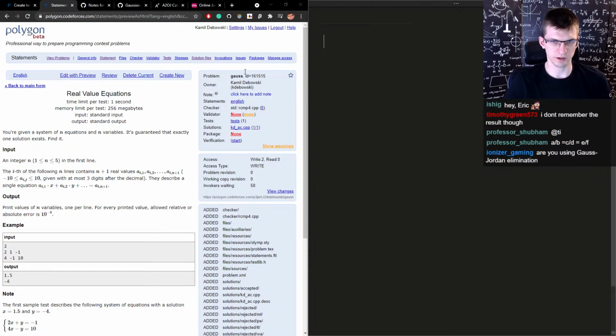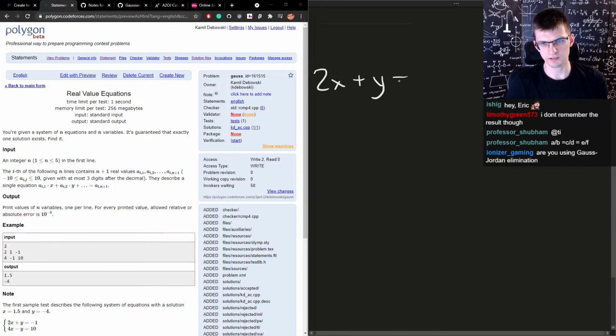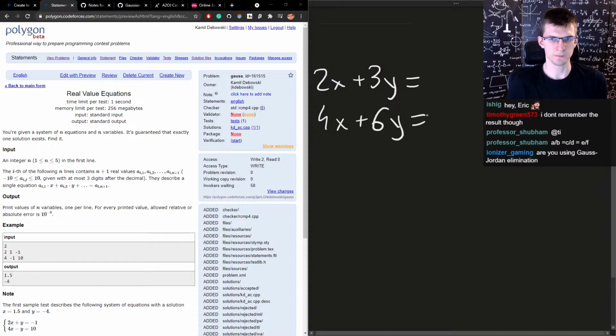So I think what you're talking about is something like 2x plus y is, let's say, plus 3y is equal something, and then 4x plus 6y is equal something else. If we can see that the second equation is double the first one, so if this matches on the right, like -7 and -14, right now we have infinite number of solutions.